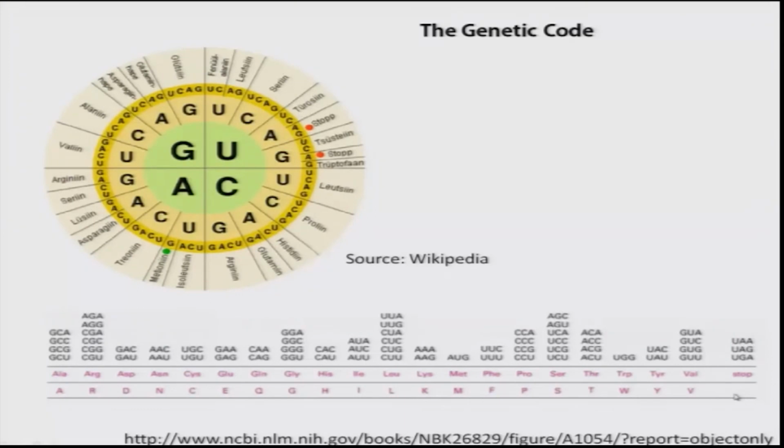So, this is shown in 2 different ways. One is to show all the combinations, for example, A combined with G, and that can be combined with any one of the 4, and then you can see how it gives the different codes which you call codons. These are the triplets.